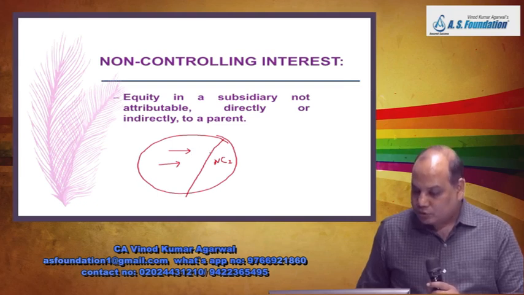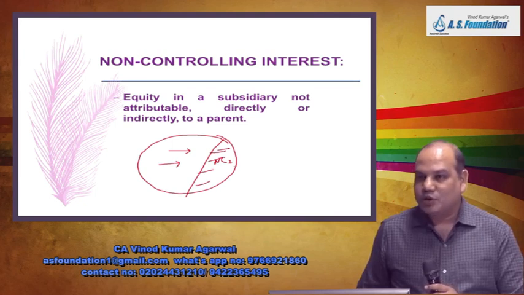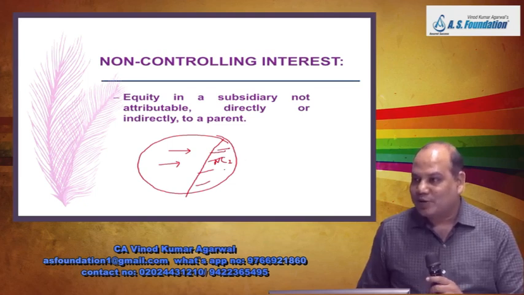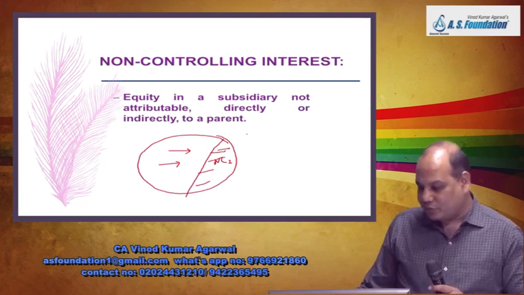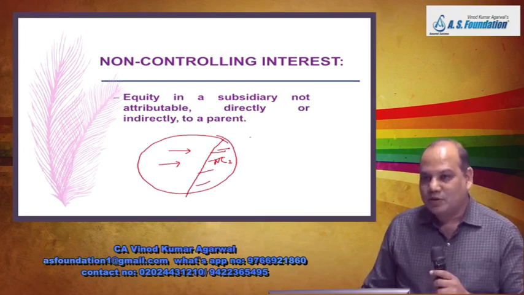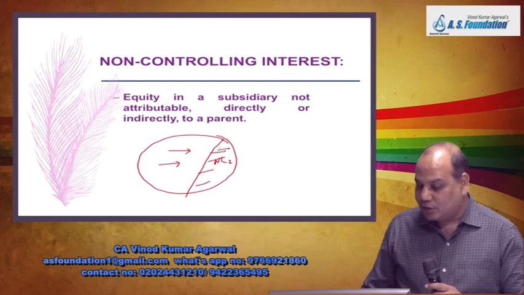Okay. So in this chapter, there is one important calculation which will check whether you have done the problem right or not, which is to find out the correct value of NCI, both in SOFP and SOPL. In SOFP, Statement of Financial Position, you have to present the NCI value separately. Sir, why?